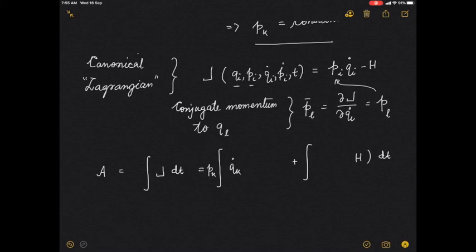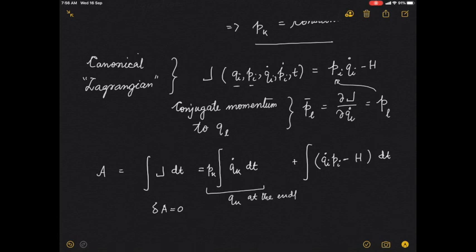So it doesn't depend on time, and the integral is over time. So I get pk qk dot dt here, and the rest of the kinetic term I can keep here, right? If I do that, you see that delta A equals 0. This term will not contribute because this term is nothing but qk at the endpoints.